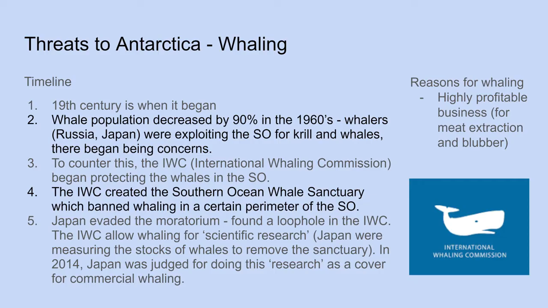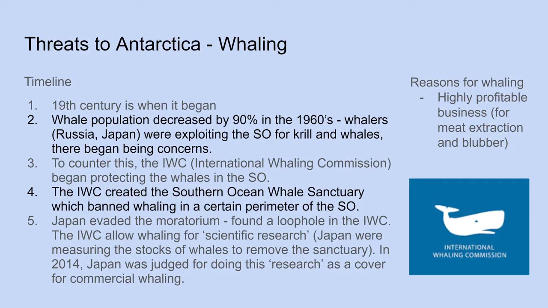So a lot of things. It's not a surprise that people would want to whale, but obviously there are a lot of negative impacts in doing so, such as a decrease in biodiversity and ruining the food web.